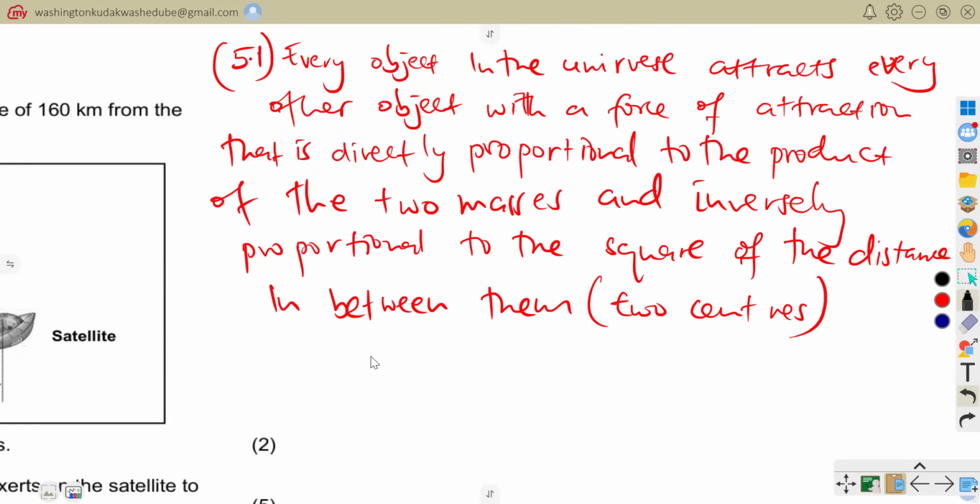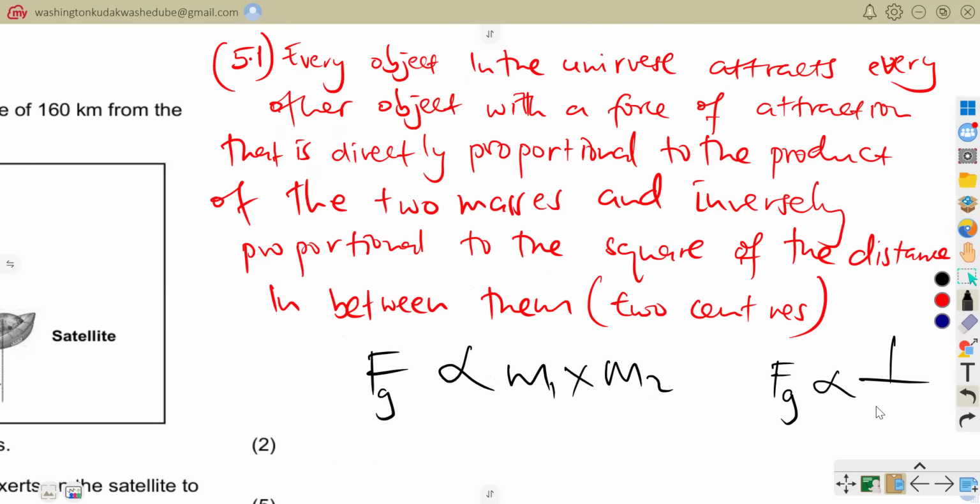So this is the law that gave birth to this. The gravitational force of attraction exerted by each body on another body is directly proportional to m1 times m2, where these are the mass of object 1 and mass of object 2, but inversely proportional to the square of the distance in between them.